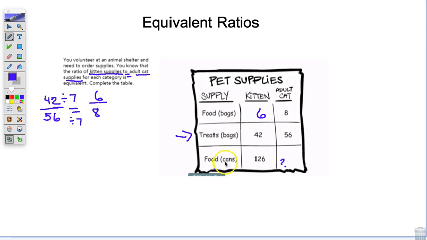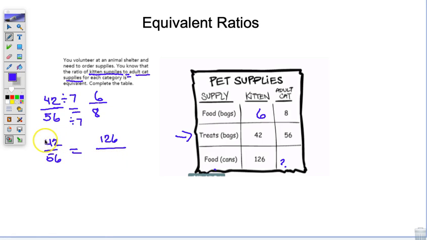We can also find the missing value in the food can category. Again, let's start with our ratio 42 over 56. Since the categories are all equivalent, we know that since the food cans for kittens is 126, we're looking for this missing value.